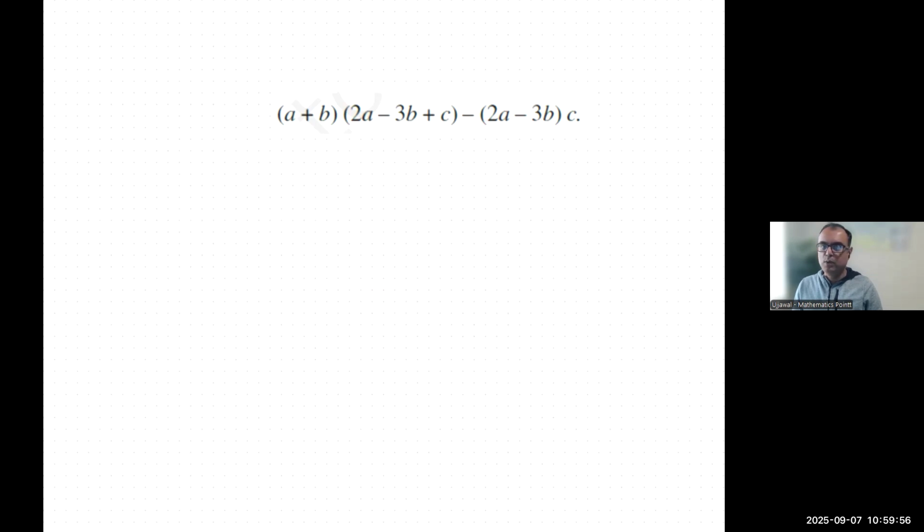I will share this whiteboard with your parents, and I would expect you all to work it out and send it to me by tomorrow. And if you didn't get it, I'll send it solved onto their WhatsApp. So you'll see how it works.